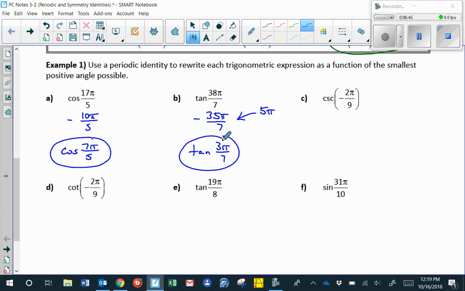Cosecant has a period of 2 pi. So for this one, we're going to need to add 2 pi in the form 18 pi over 9, and re-express this as cosecant of 16 pi over 9.